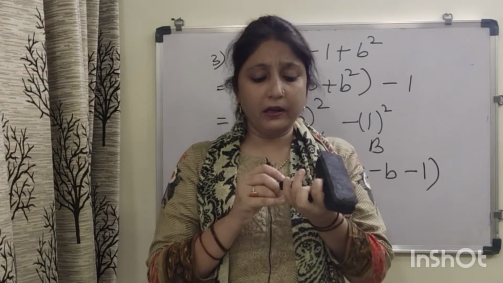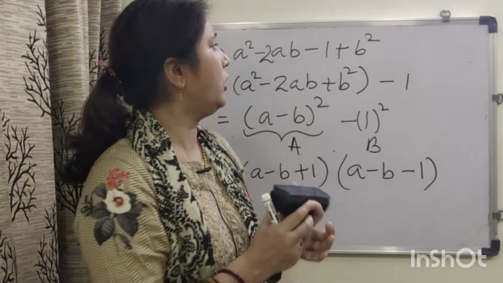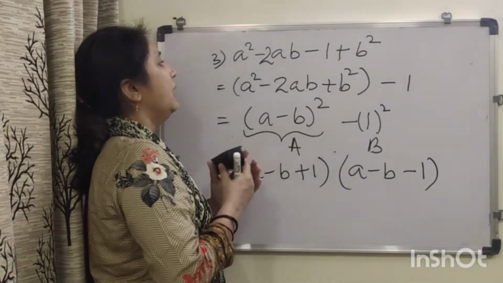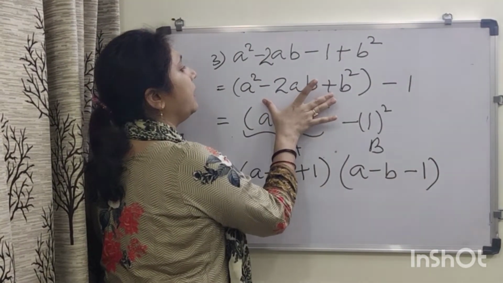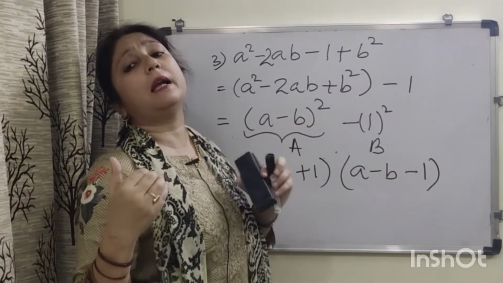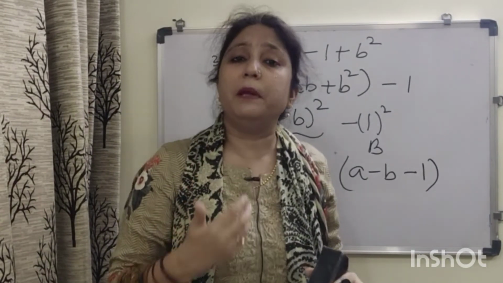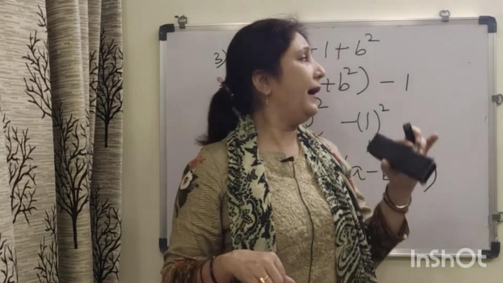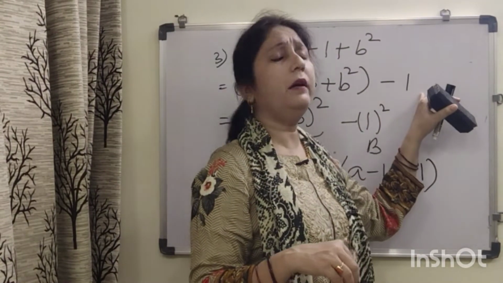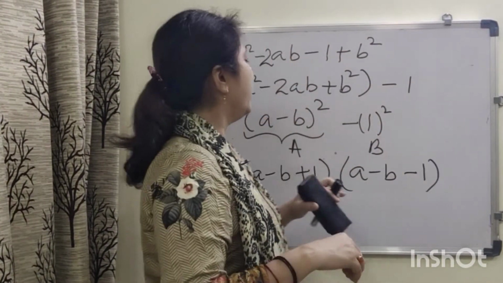What have we done? We could not get anything in common, so we left it. Later on, we collected the 3 terms to make a trinomial which will give you either the identity a plus b whole square or a minus b whole square. And the last term we wrote towards the end.